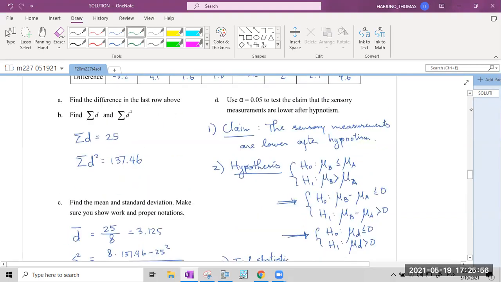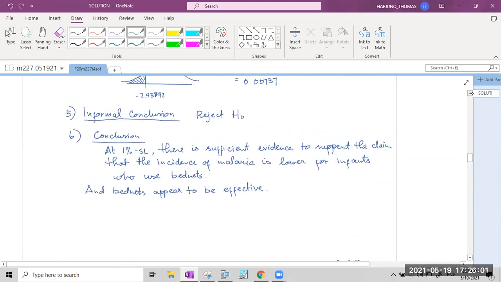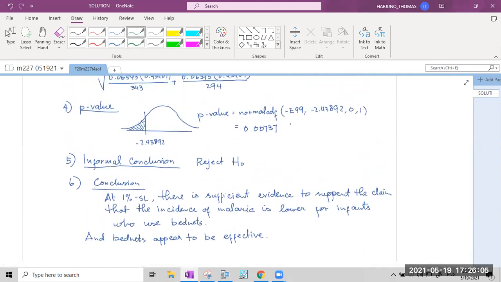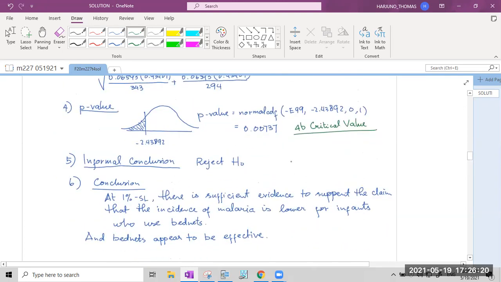I somehow think in the previous page, I forgot to do the critical value. Yeah, I forgot to do the critical value for that. Let me insert that here. So 4B critical value. We want alpha to be 1%, its left tail.